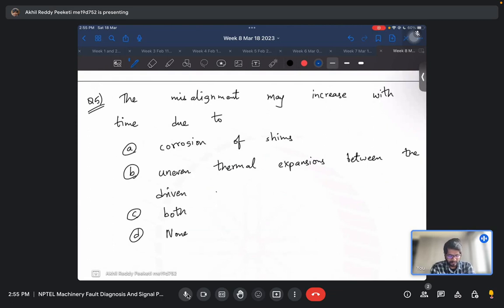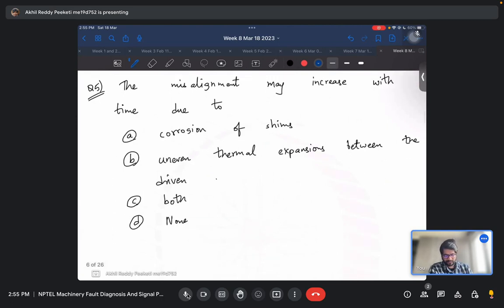Now this misalignment may increase with time. What are the reasons that can increase this misalignment with time? Options are the corrosion of shims, uneven thermal expansions between the driven and the driver, or both, or none.